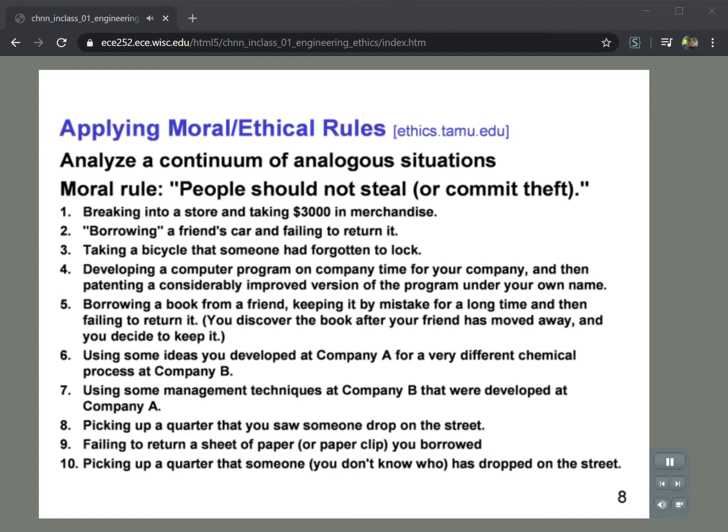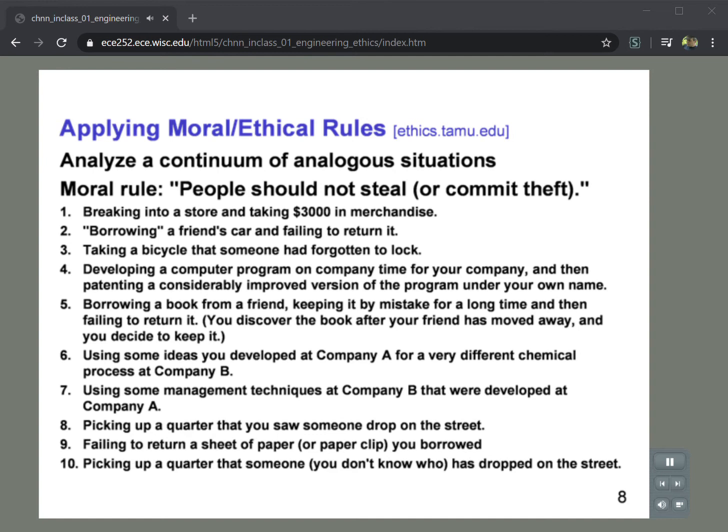Once you have identified a moral or ethical rule or principle that you feel is relevant, that is potentially being violated in the particular scenario that you're trying to resolve, it can be useful to try to create a continuum of analogous situations.